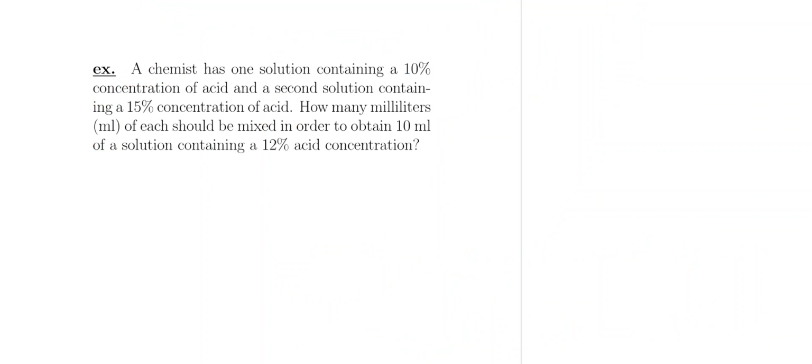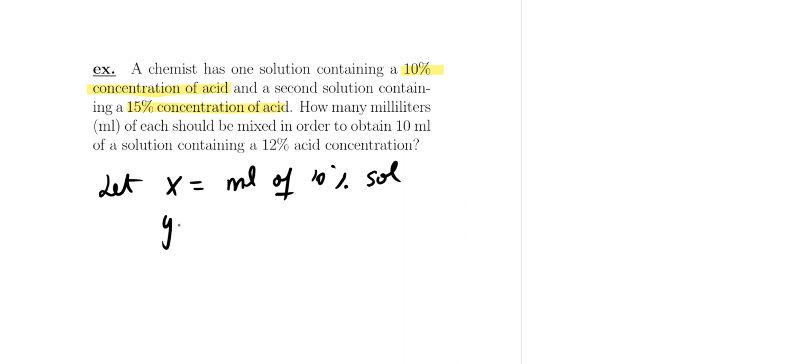All right, another application. A chemist has one solution containing a 10% concentration of acid, and a second solution containing 15% concentration of acid. How many milliliters of each? Let X equal milliliters of 10% solution, and let Y be milliliters of 15% solution.